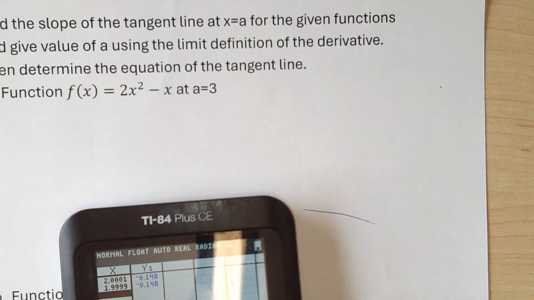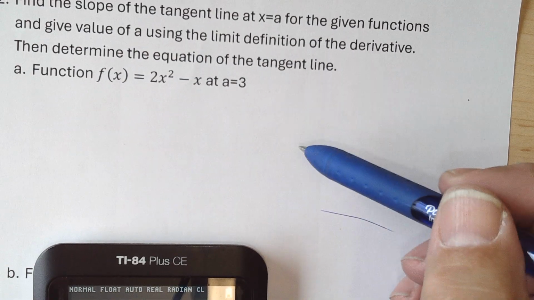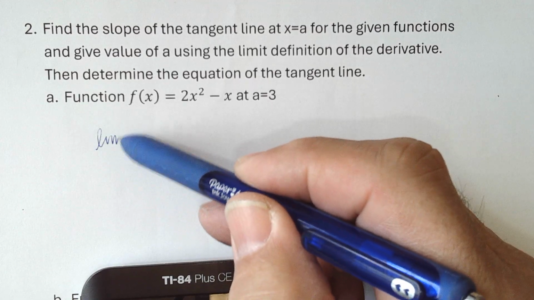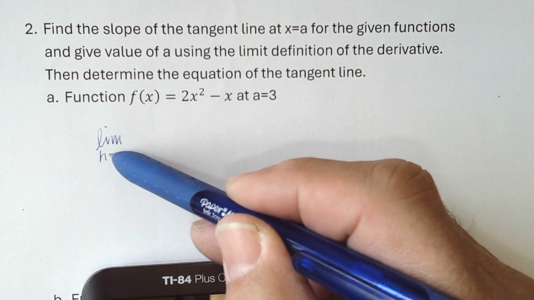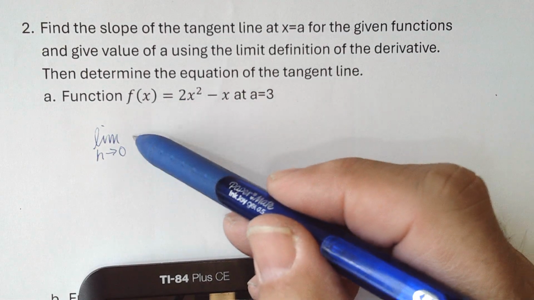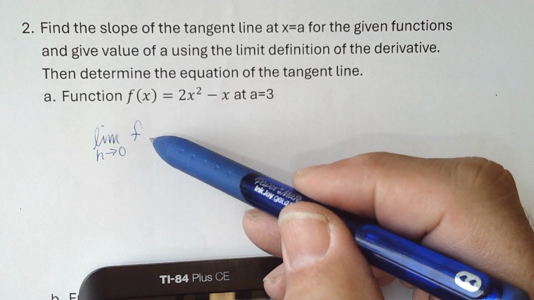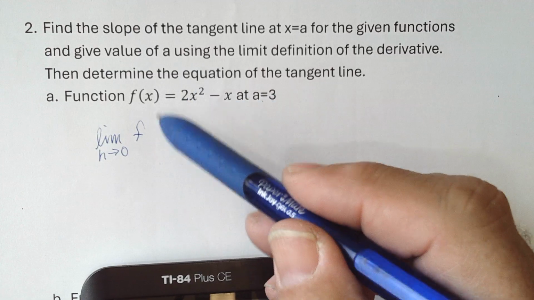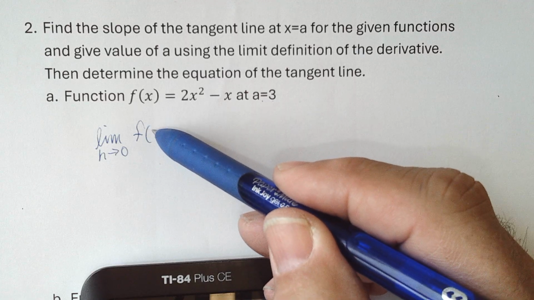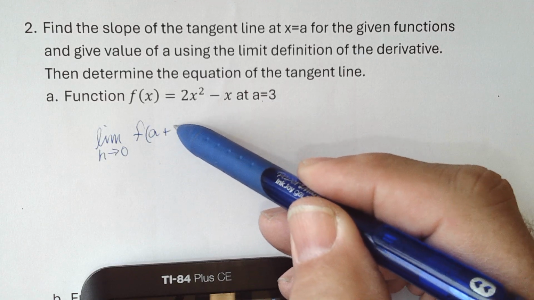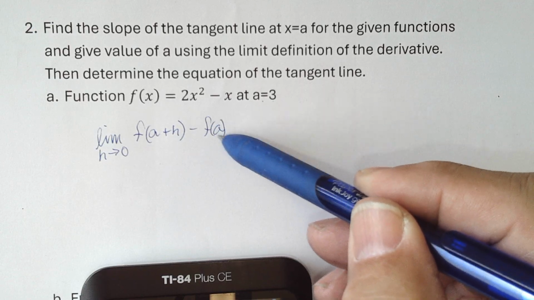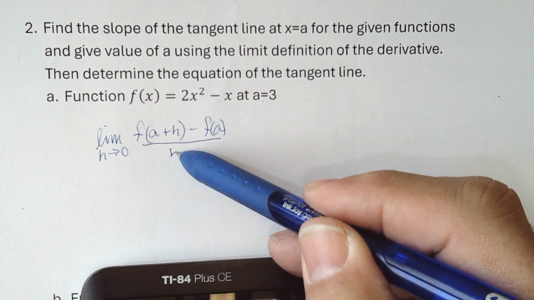Now I want to know what the slope is. So now we have to use the definition, which is the limit as h approaches 0 of f of a plus h minus f of a over h.